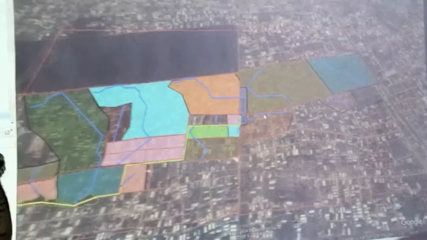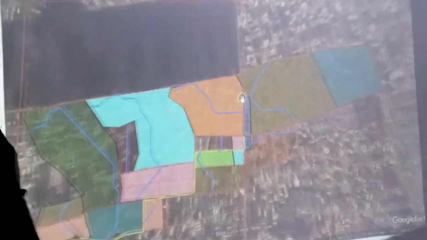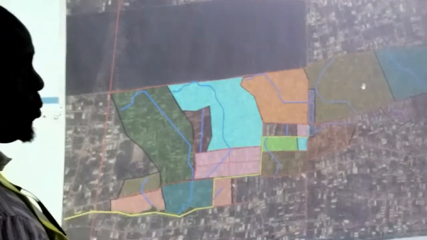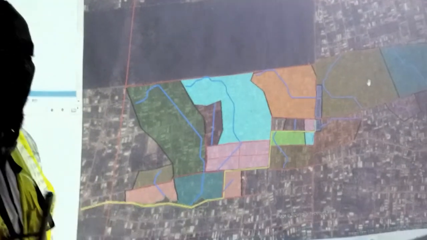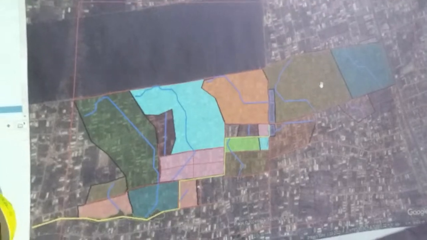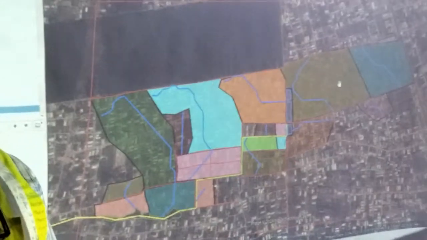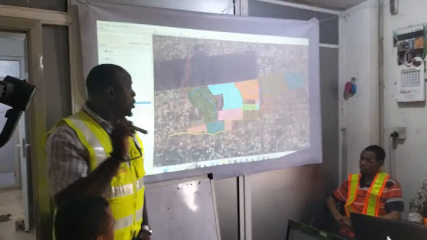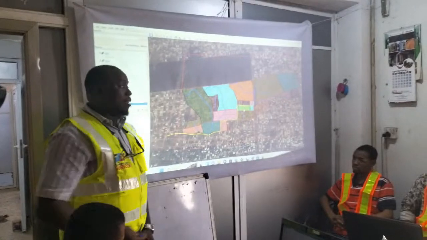Okay, now we are back to our hydrological map. Now, what are we dealing with? We are dealing with how to tackle the menace of flood. If I am to use the conventional survey method, I will spend 3 months or more trying to gather topographical data concerning these project sites.